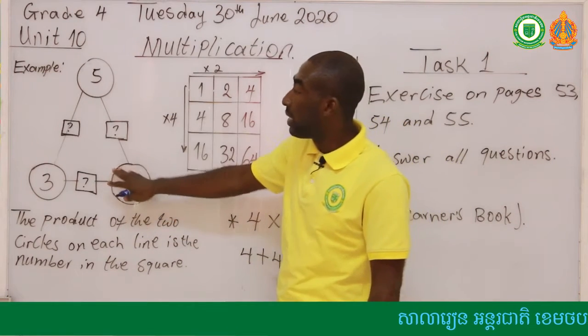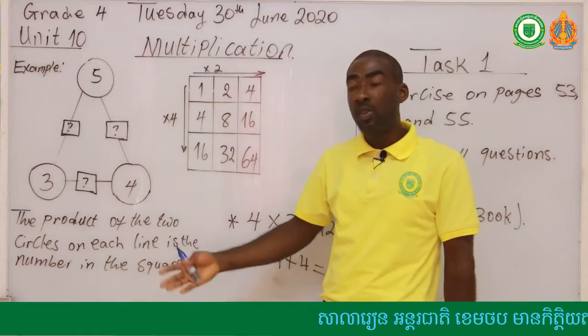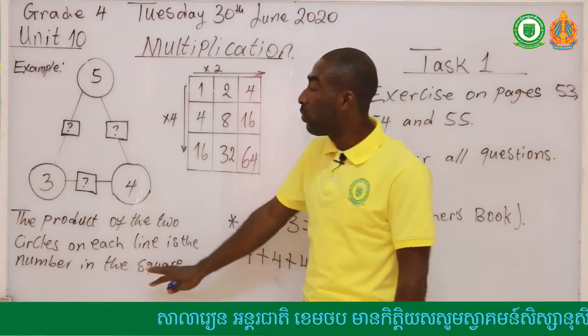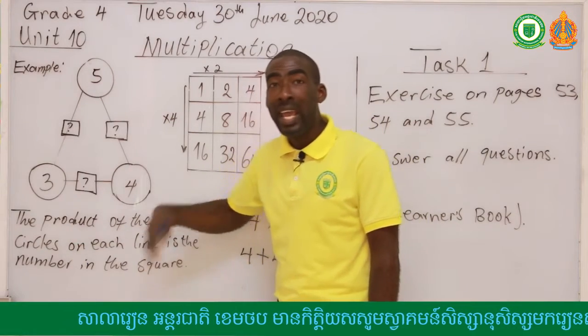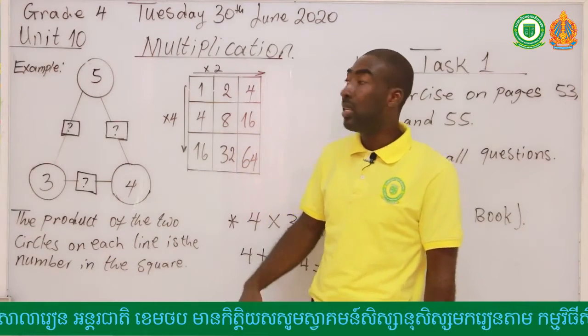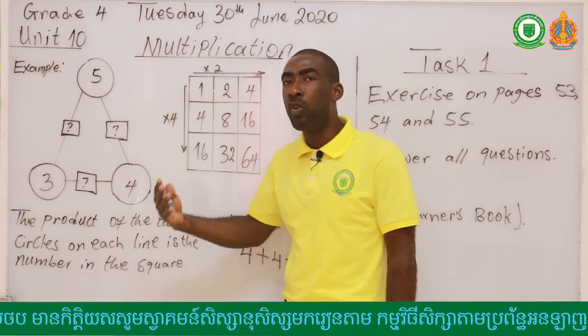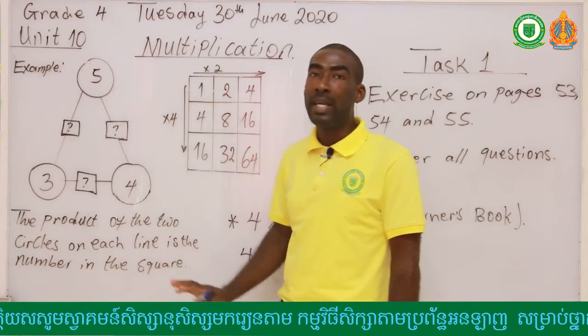So when you look at this, where do we see an instruction? We see an instruction below over here. So first we have to read our instruction and understand what it is saying. Then we go back into our diagram, and we find answers, or solutions, to our diagram.